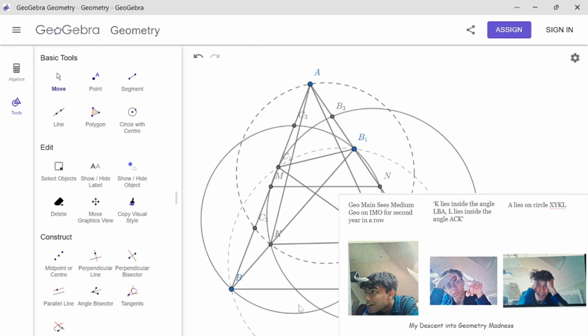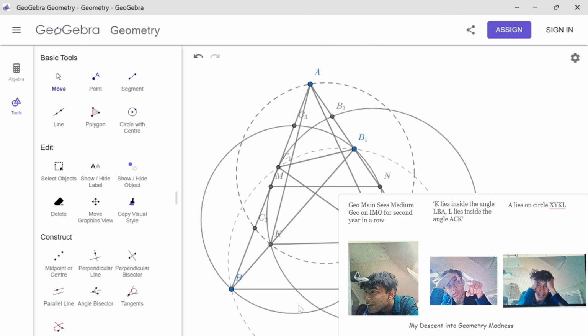It's that line BB1. BB1 is the radical axis of AC2 B2 and CB3 C1 M. And K is the point where BB1 meets circle CB3 C1 M. And K is on the radical axis.